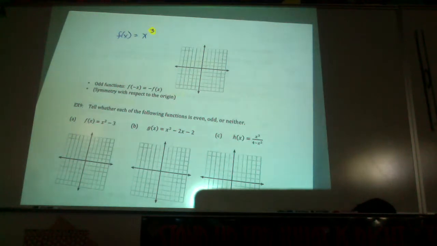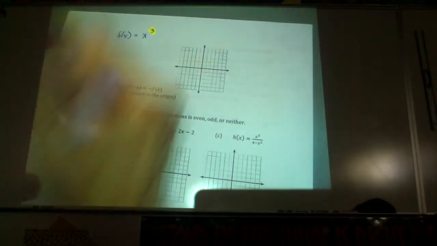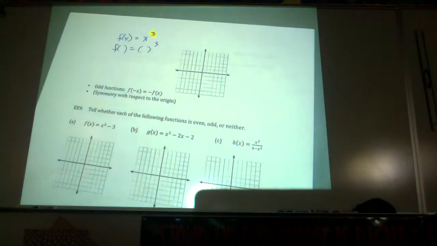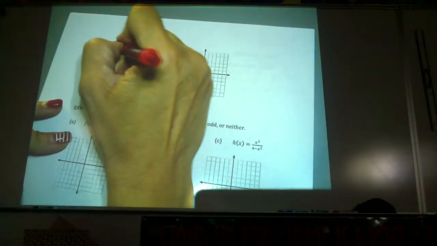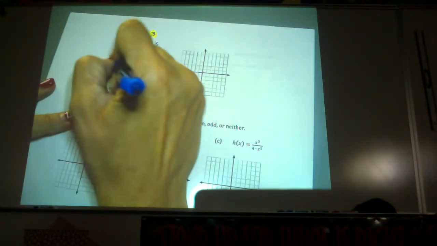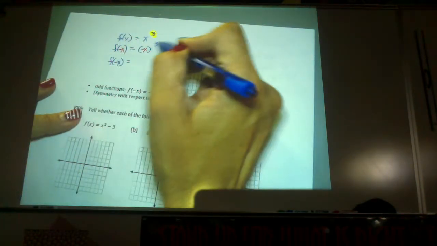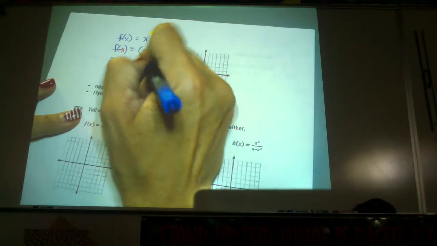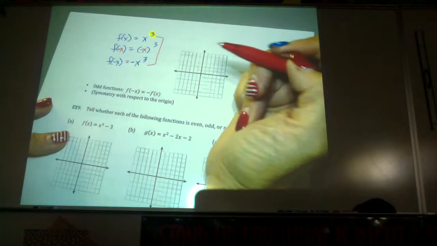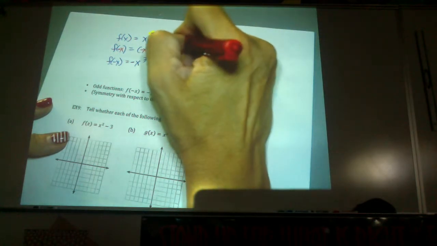Something positive goes negative and something negative goes positive, doesn't it? Depends on what the coefficient is that's out in front. So if I take f of x and replace every x in the function with a -x, notice that f of -x is equal to, if I cube a negative, I get a negative x cubed. Are these the same? No, notice that there is a sign change.